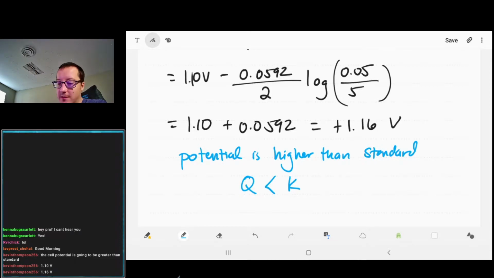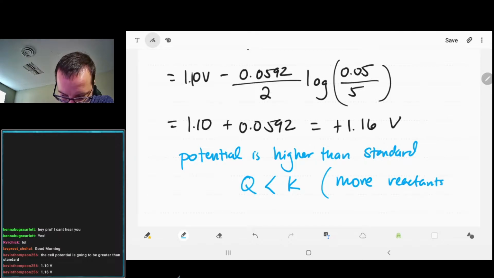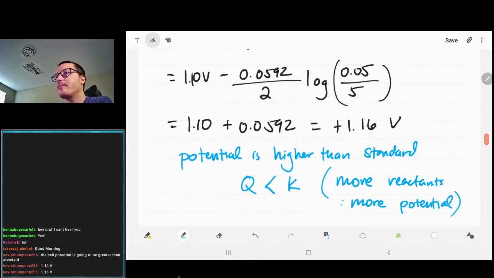So basically, we just have more reactants, more electricity, more potential, rather. So we ended up with a little bit higher than normal here. So lucky us, hooray. All right, any questions on that one?